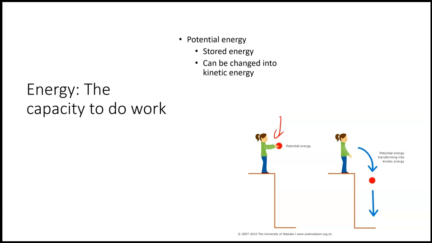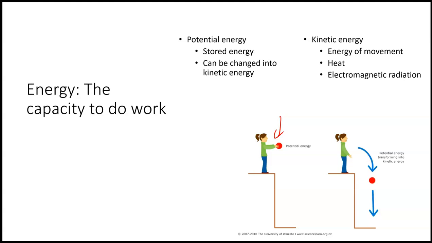There is gravitational potential energy. A battery that is not currently being used is chemical potential energy, or electrical potential energy too. So the energy is in the object, potentially could be used, it's just not currently being used.